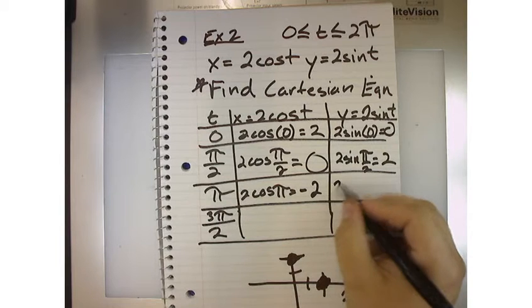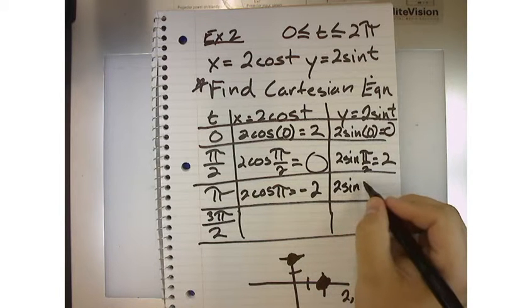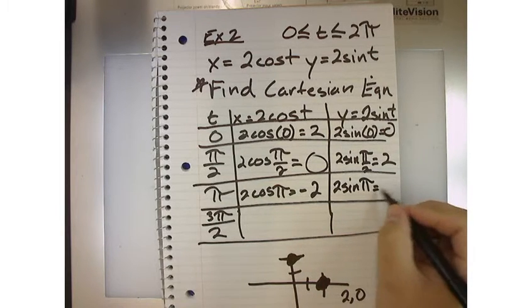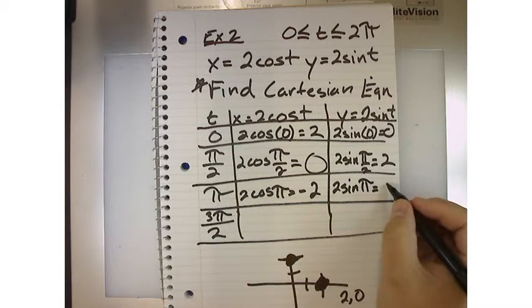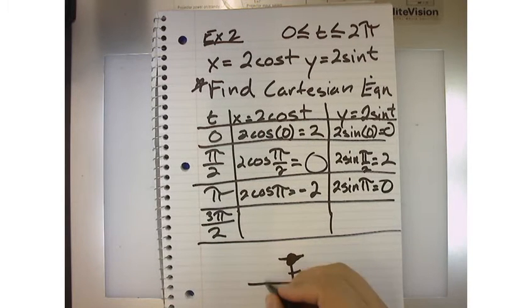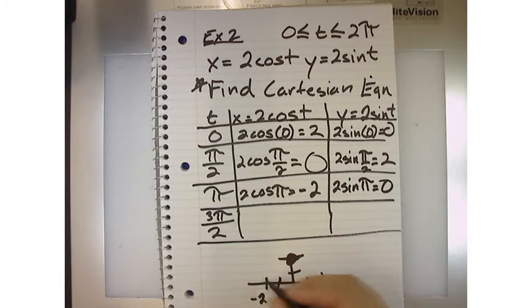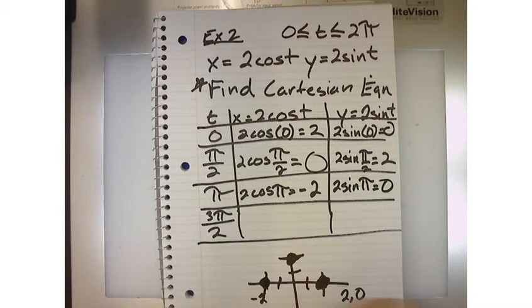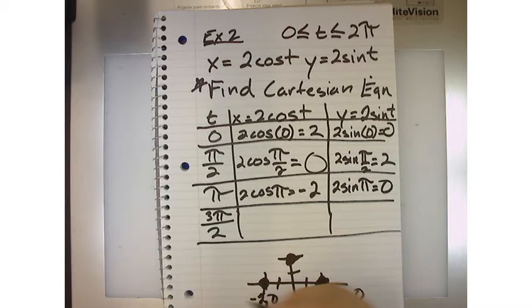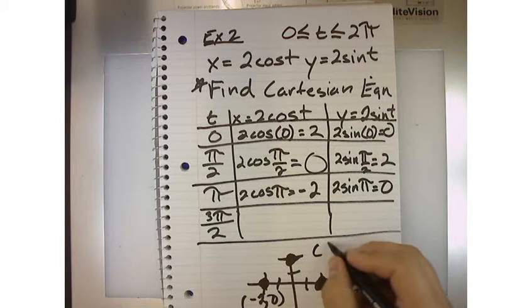And 2 times sine of pi, normally that's 0, 0 times 2 is 0. So I've got this point here, -2 comma 0. And then this point is 0 comma 2.